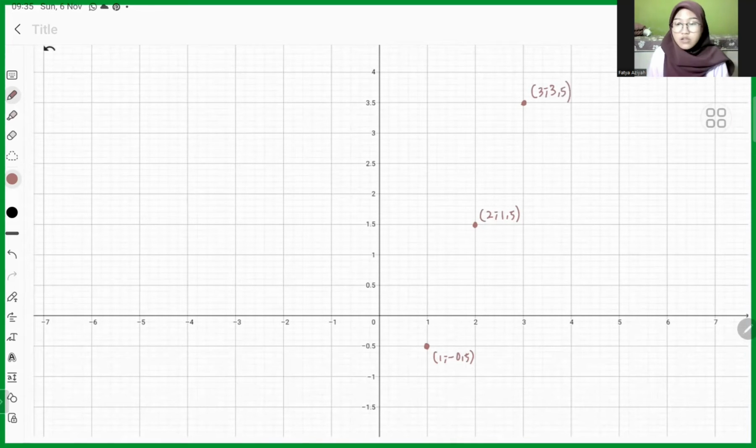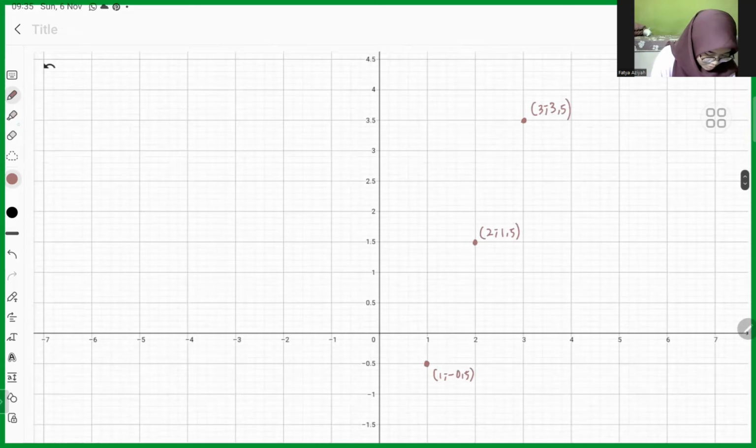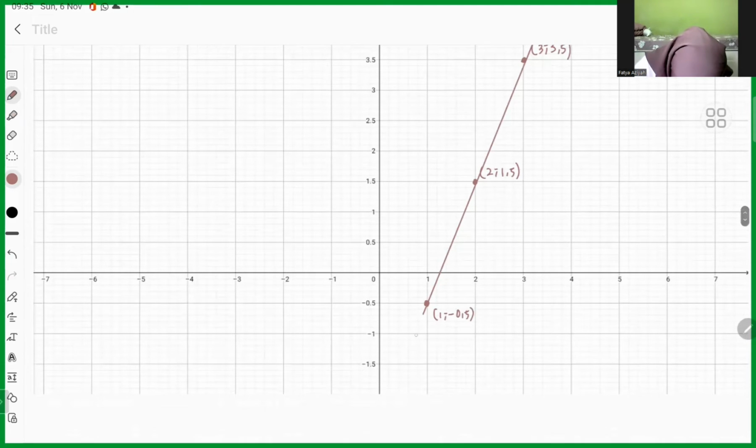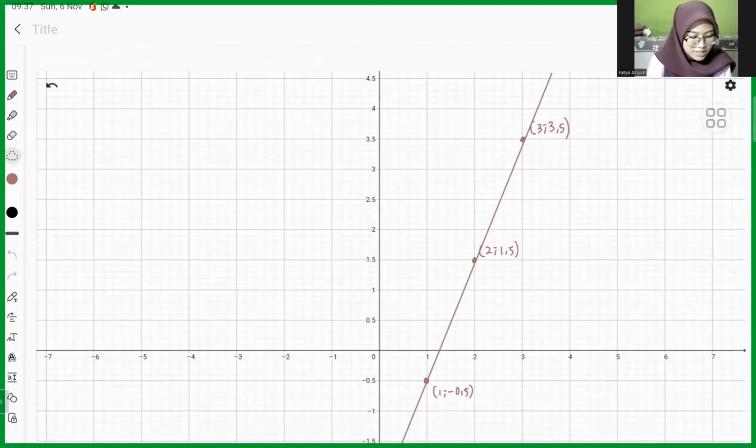Then we can make a line through the coordinates that we have, like this. So voila, the graph is now done.